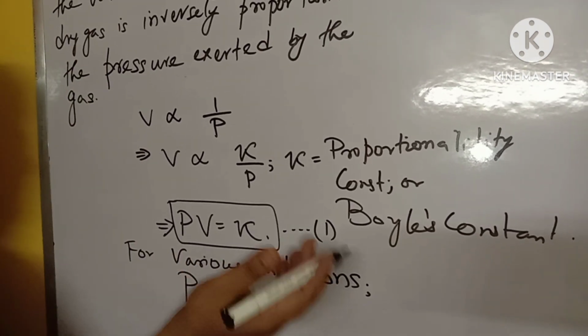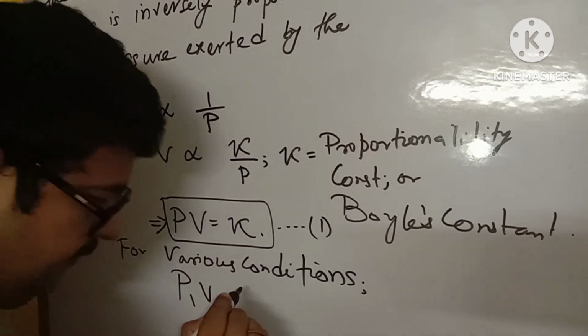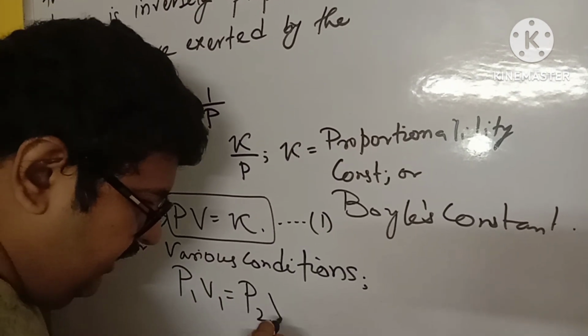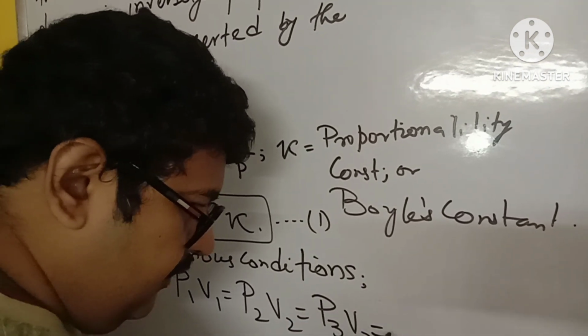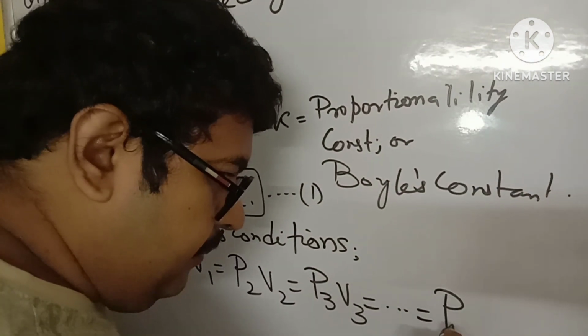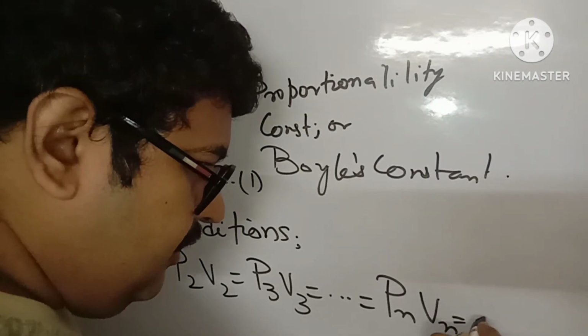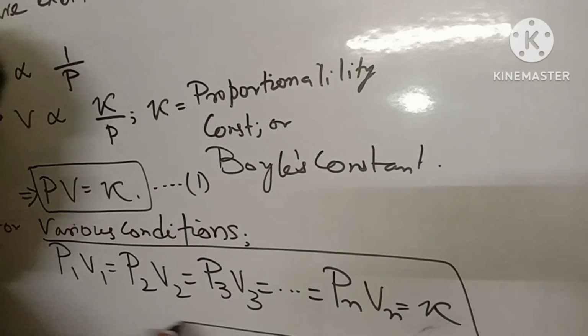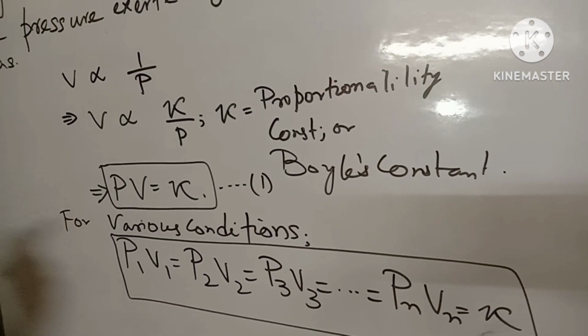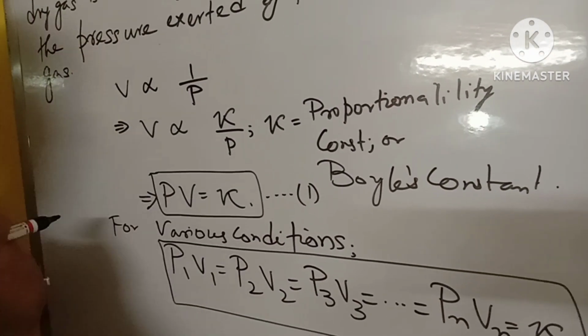I mean you are changing the conditions and just getting it. P2 V2 equal to P3 V3 equal to dot equal to Pn Vn equal to kappa. This is another statement of the Boyle's law. This is at various conditions, this is just in general.